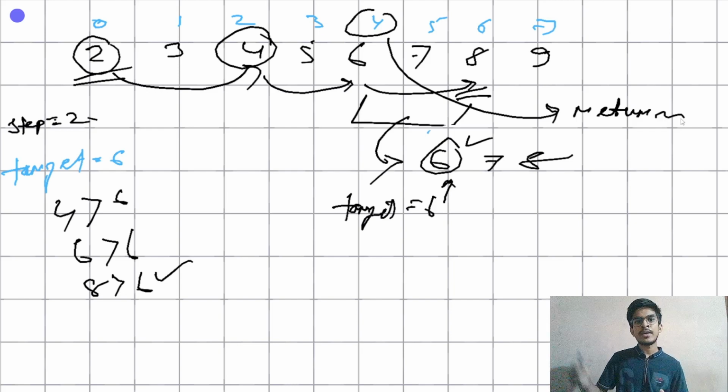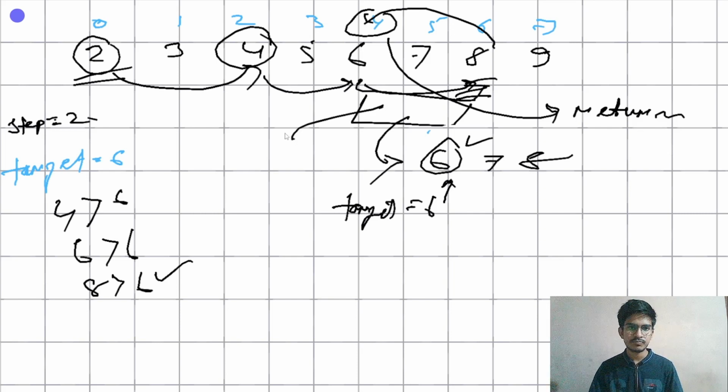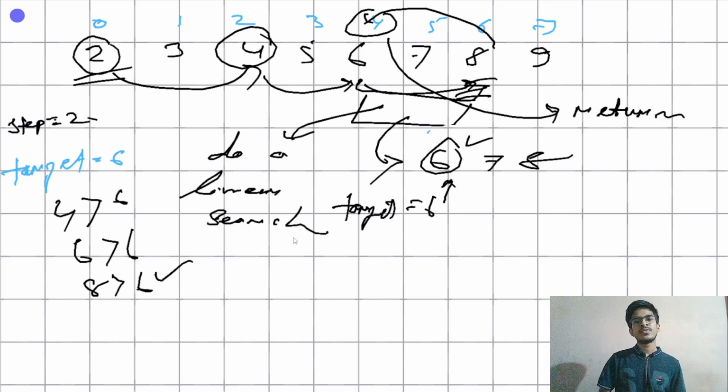If it is, then it will go to the previous step, and from the previous step to the current step it will just do a linear search. So that's how your element is found.